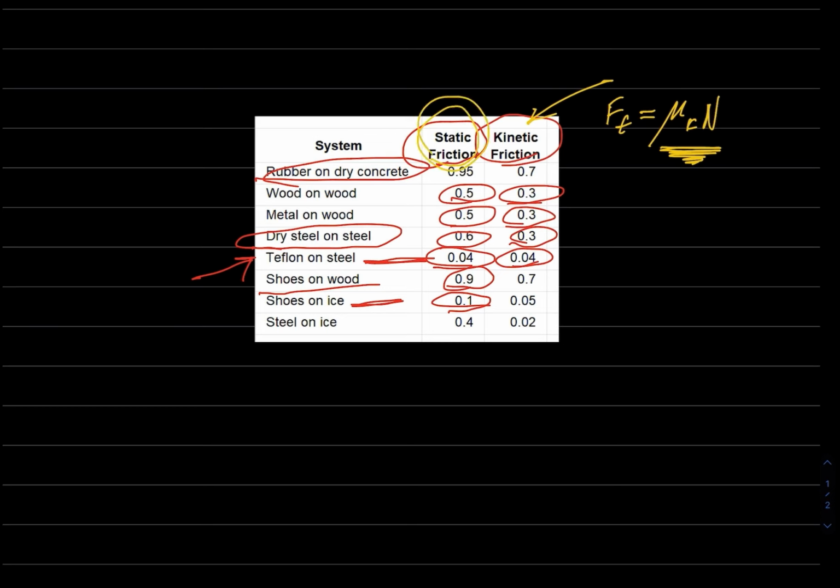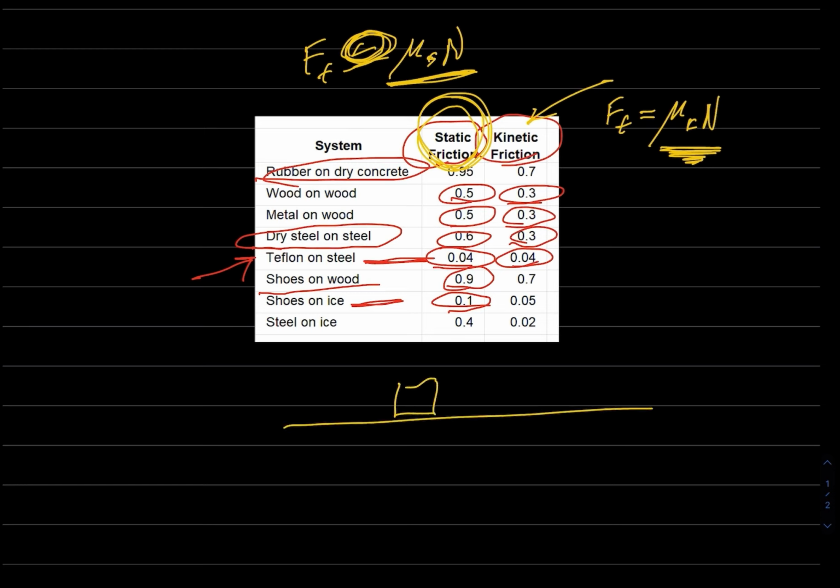The coefficient of static friction defines the maximum amount of force that friction can apply to an object that is at rest on the surface. And it might be less than that amount if only a small force is being applied to it. Remember that?